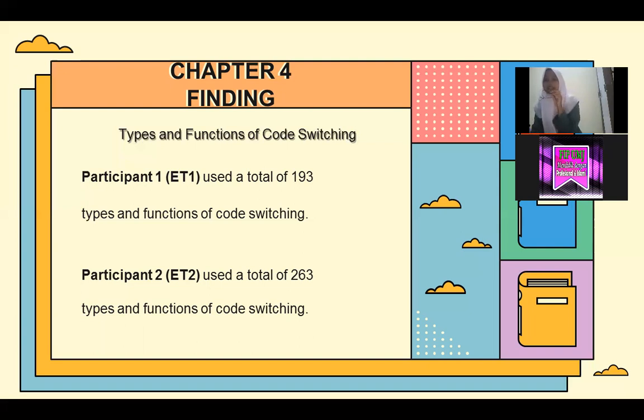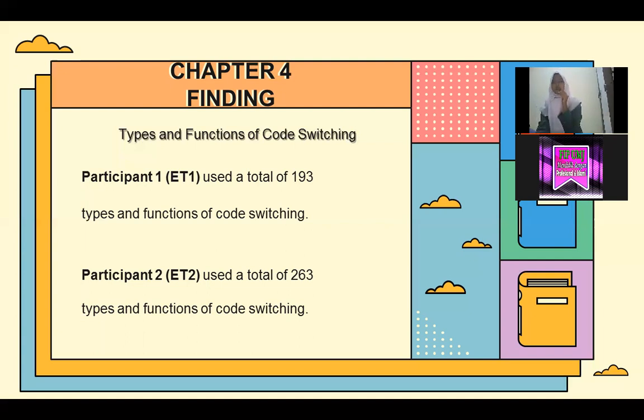Based on observations, as I described before, on English teacher one or participant one, ET1, it can be seen that there are 193 types and functions of code switching. For the types, there are 37 types of intersentential, 29 types of intrasentential, and 127 types of text switching or extra code switching.